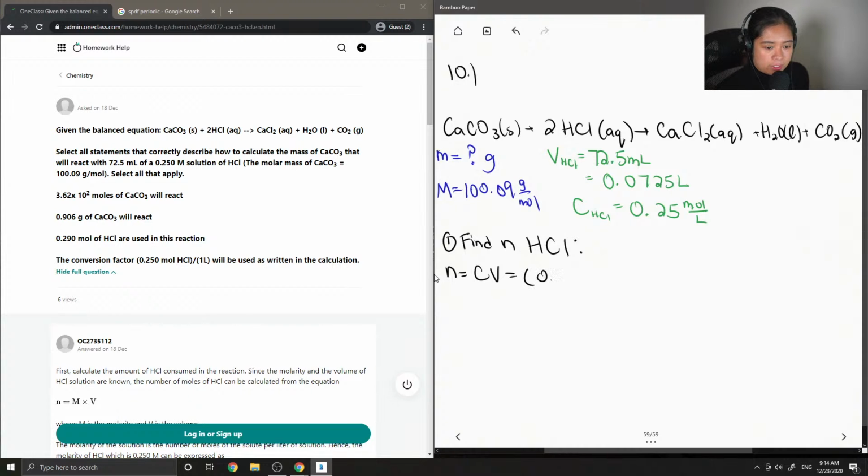The concentration was 0.25 moles per liter, and the volume is 0.0725 liters. If we multiply it out, we get 0.0181 moles of HCl, and this is how many moles were consumed.